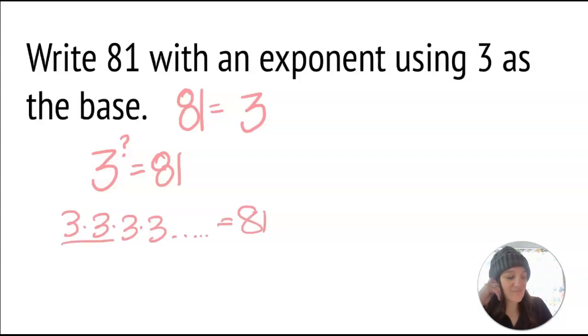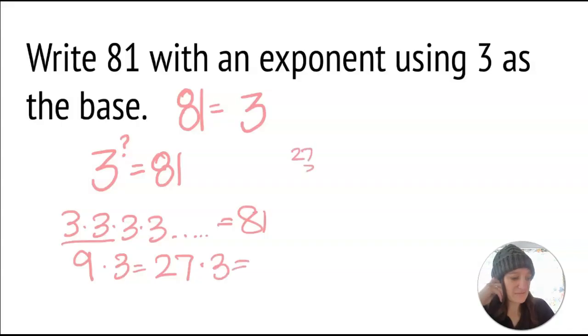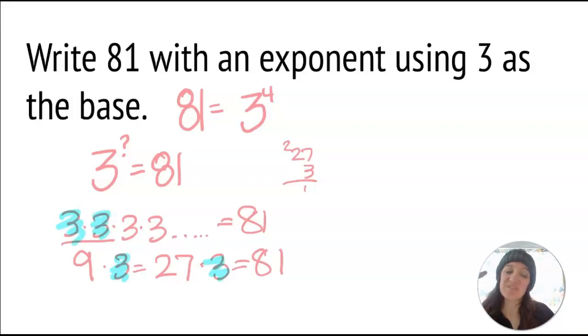Let's try that. 3 times 3 is 9. 9 times 3 is 27. 27 times 3 is 81. All right, so I just figured out it's 1, 2, 3, 4 times. So I can rewrite 81 with 3 as the base and 4 as my exponent. So that's one way you can do it.